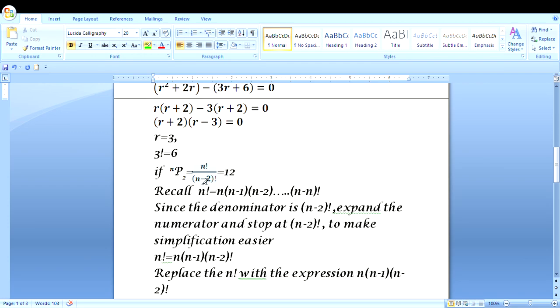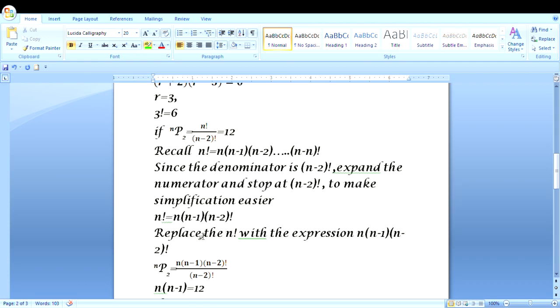If we look at the denominator, we have (n minus 2) factorial, so we expand the numerator, which is n factorial, and stop at (n minus 2) factorial to make simplification easier.